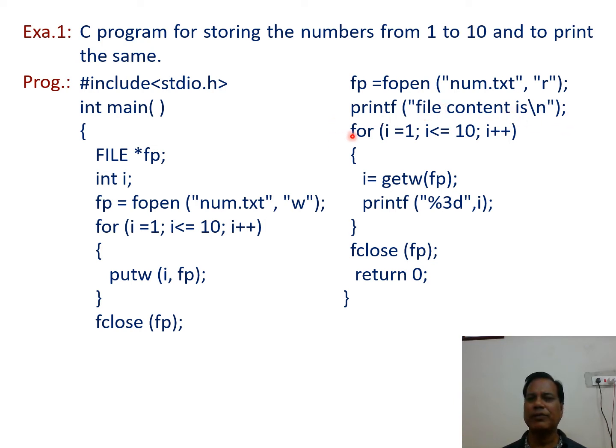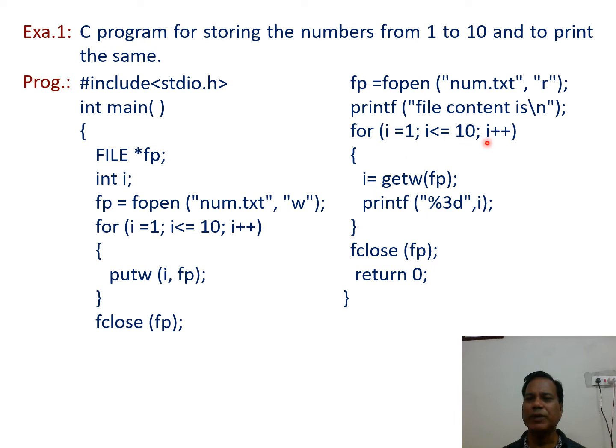Then for i = 1, i <= 10, i++. Using this for looping statement, the value of each number is taken by getw(fp) and assigned to the left side variable, and using the printf statement it is printed on the output screen.